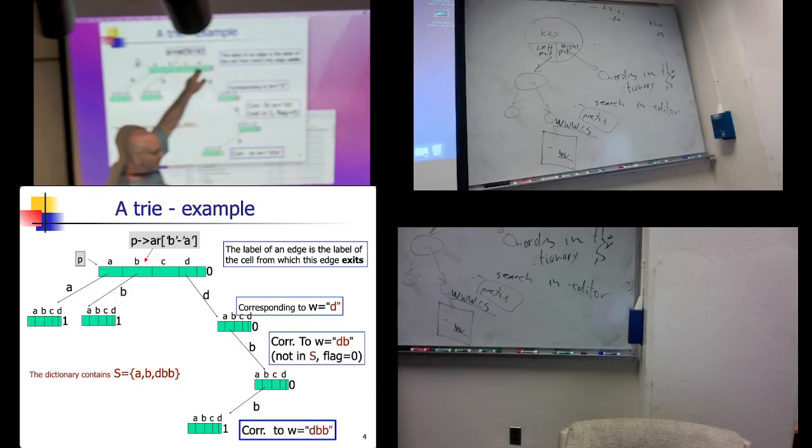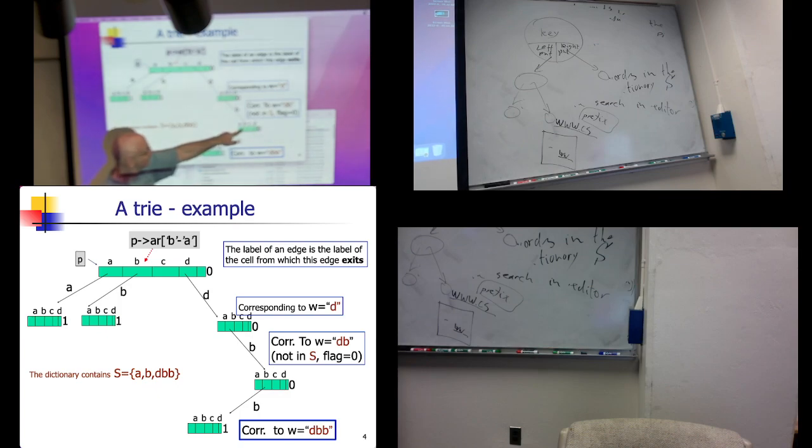So how will I know if the word DBB is in the dictionary or not? I'll go to the root. The first letter of DBB is D, so I'll try to follow the pointer of the cell of D. I'll continue following by the cell of B. What do I mean by try to follow?